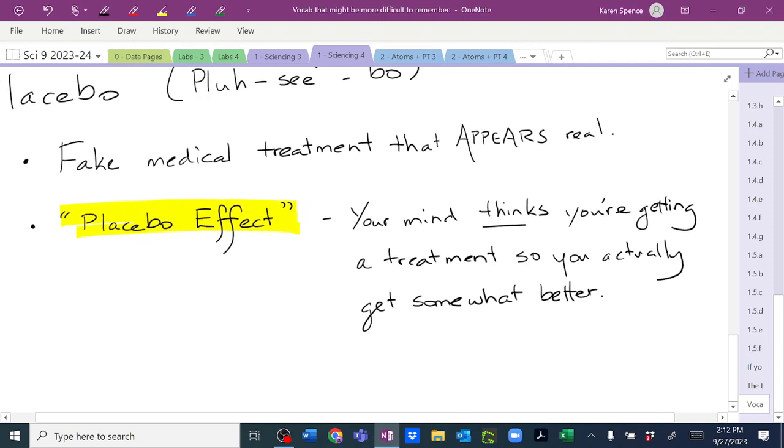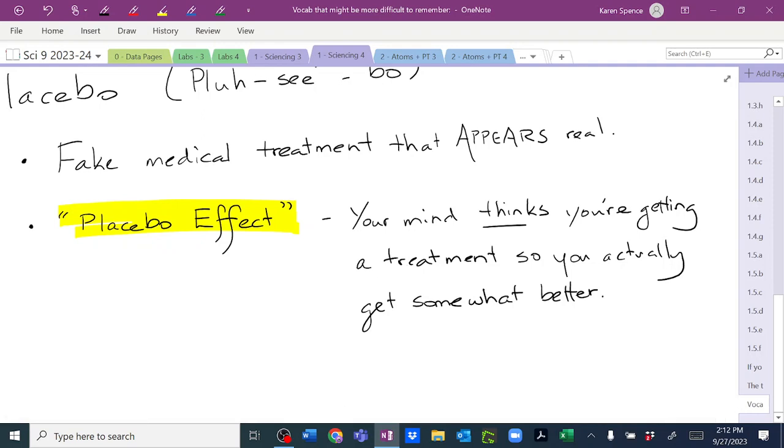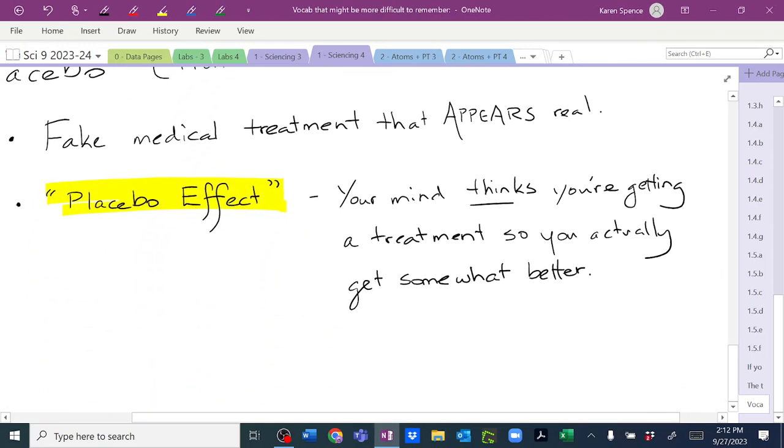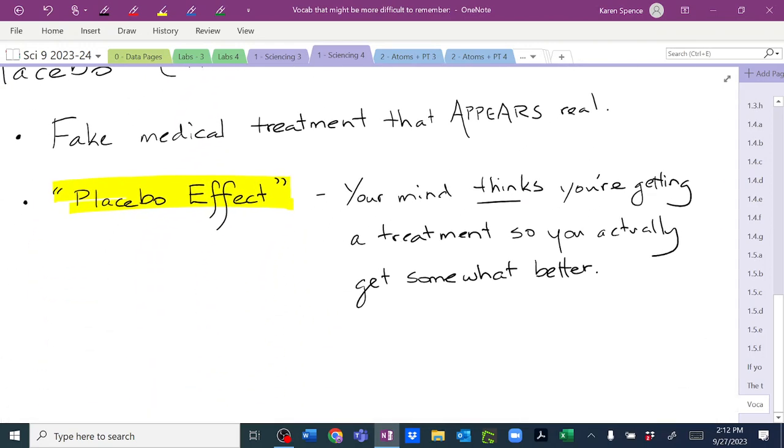Okay, so your mind thinks you are getting a treatment, so you actually get somewhat better. We often use a placebo as a comparison group.